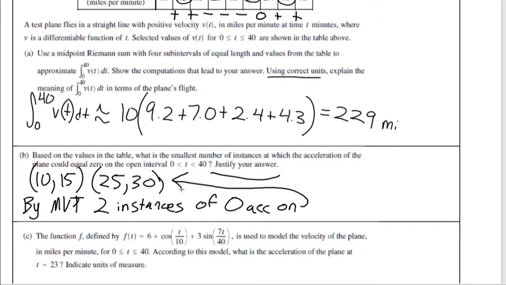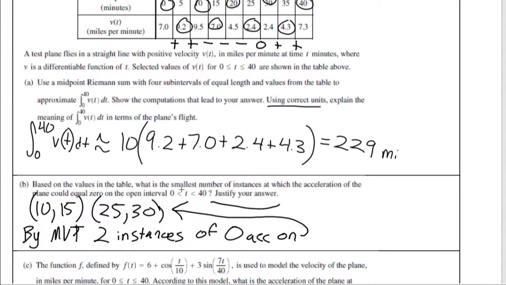And technically, to apply mean value theorem, we need to actually set our derivative equal to 0. So we have to find two numbers that are the same. 9.5 isn't the same as anything else, so we can't use 9.5. 9.2 isn't the same as any of them either. But look at this: 7.0 and 7.0.